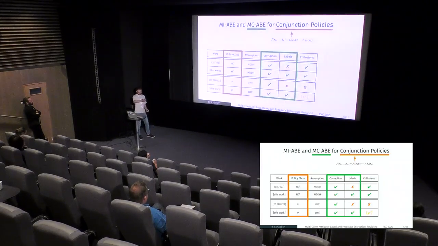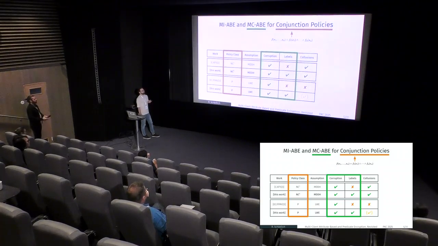Okay, so now for the contributions of this work. We give two new constructions for two different classes of policies. The first policy class that we consider in this work are so-called conjunction policies, and an arity n policy is called a conjunction if we can decompose it into n single policies where each f_i only takes x_i as an input.